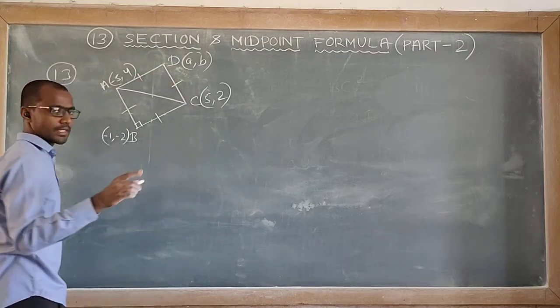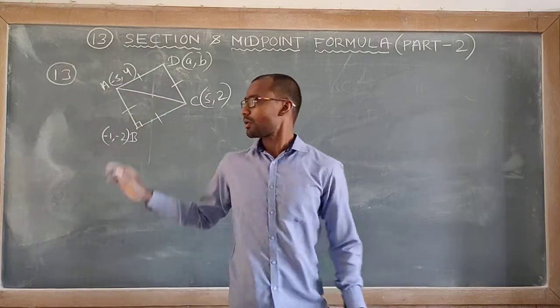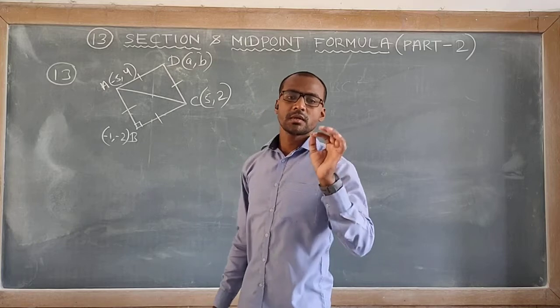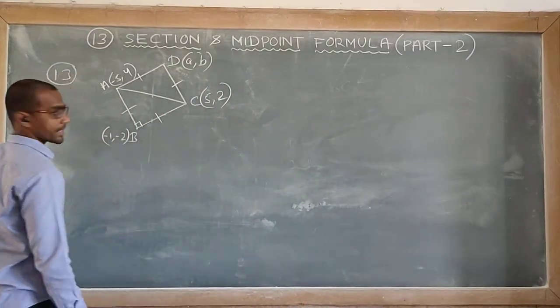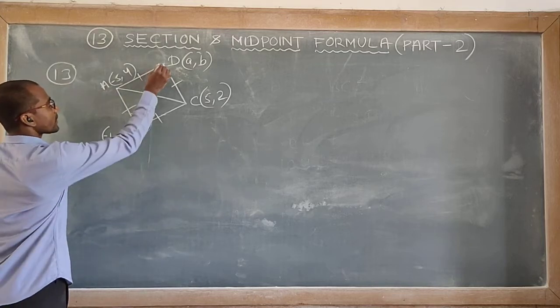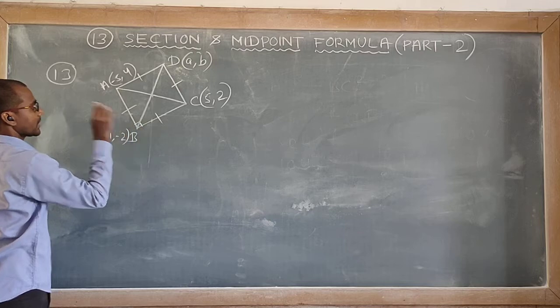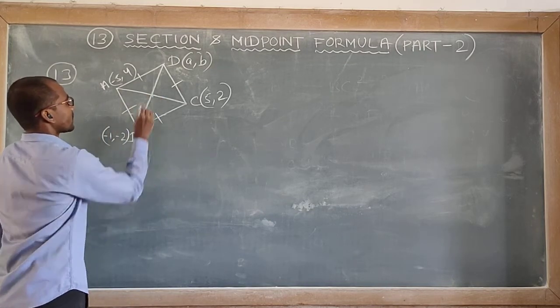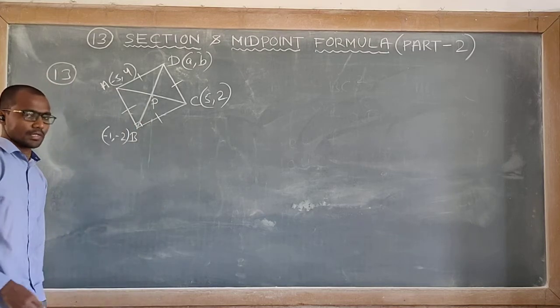So all the sides are equal and each angle is 90 degree. As you can see, AB equal BC equal CD equal AD, and each angle is 90 degree. Our target is to find D. For that, we have to join BD also. Let the point of intersection be P.